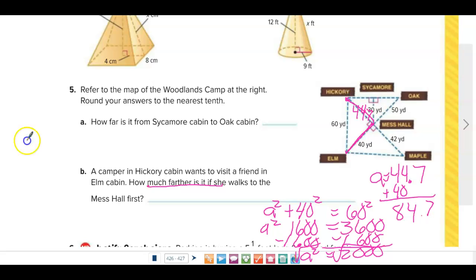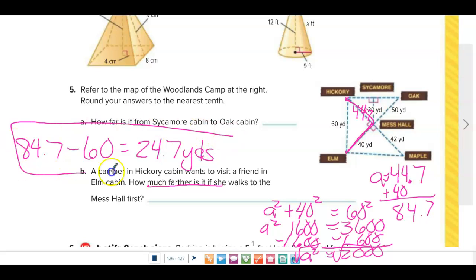So I would take 84.7 and subtract that 60 yards if I just went straight there. And that's when I get an answer of 24.7 yards. So that one was a lot of work, but in the end we can figure it out.